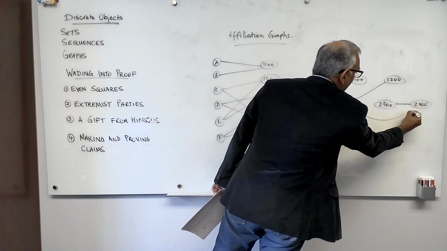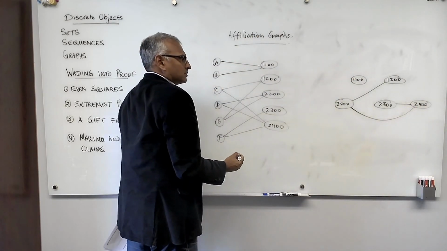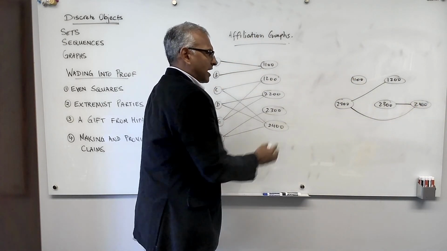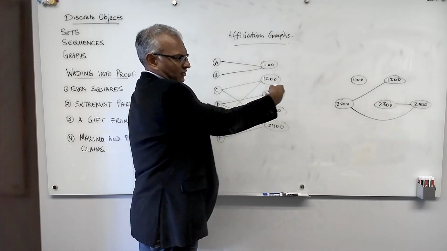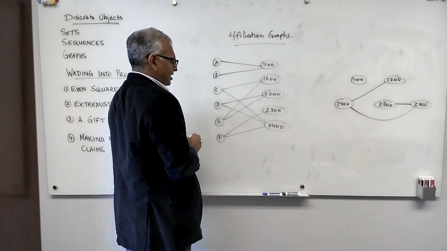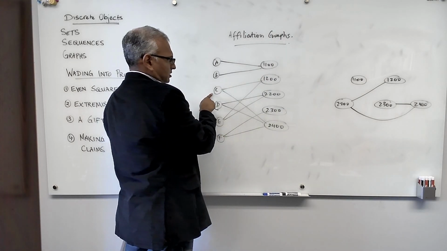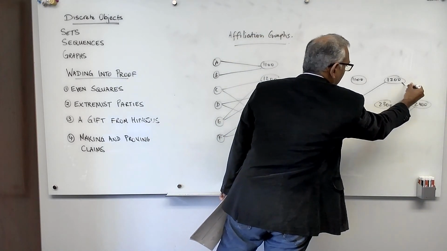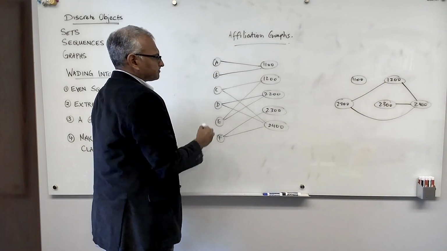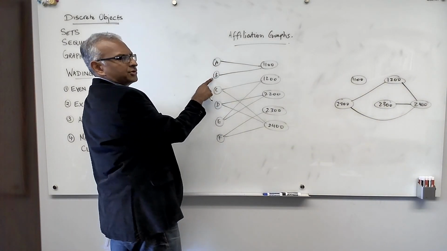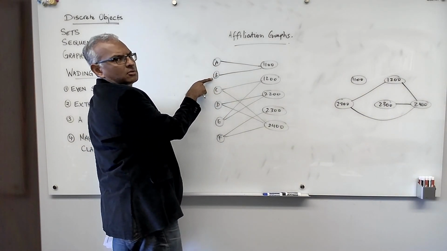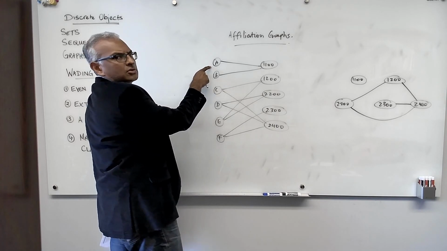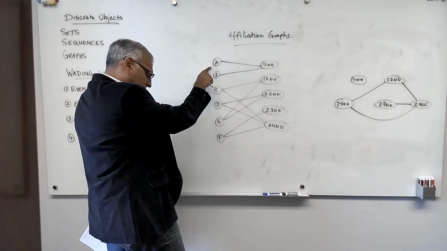You don't have to draw the links as straight lines. Perfectly valid to show the link as a curved line. And C introduces a conflict between 1200 and 2400. B doesn't introduce any conflicts because they are only taking one course, and A is also only taking one course, so no conflicts.